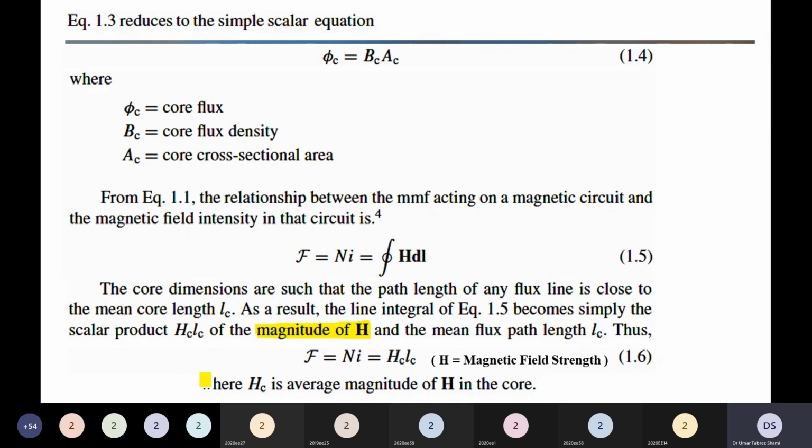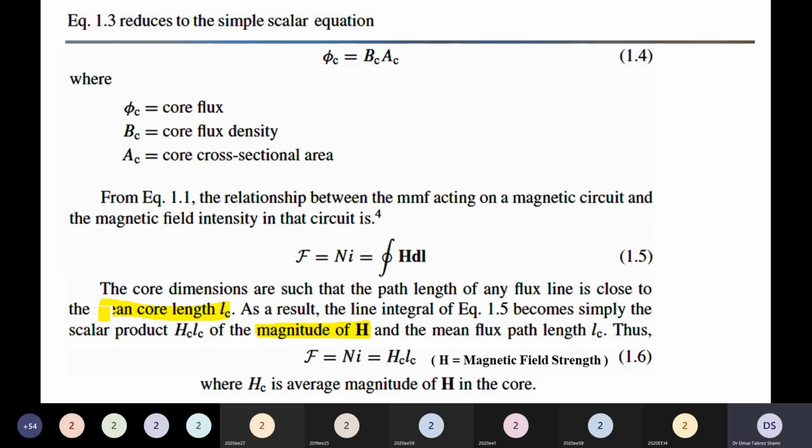So our equation 1.5 can be simplified: the MMF is equal to N into I, which is equal to H into LC, where H is the average magnitude of H. And what is LC? LC represents the mean core length.